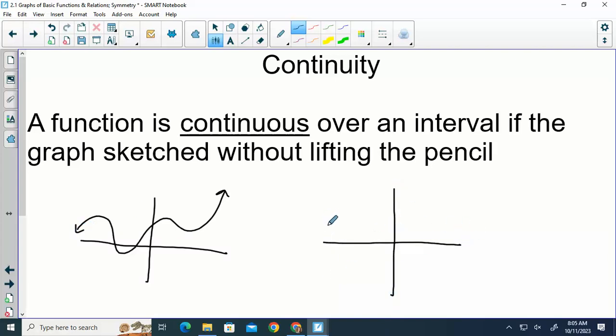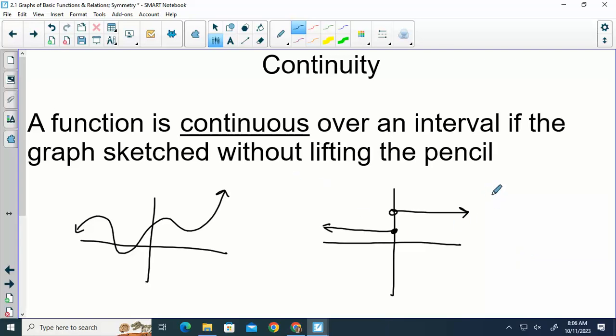If I looked at this graph, where is it discontinuous? Where do we have to pick up our pencil for graphing this? Yep, when I get to the y-axis.